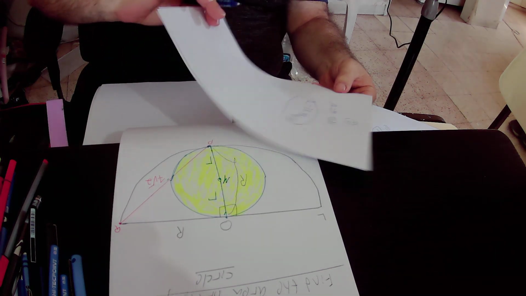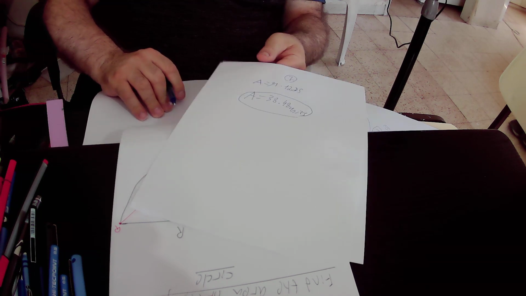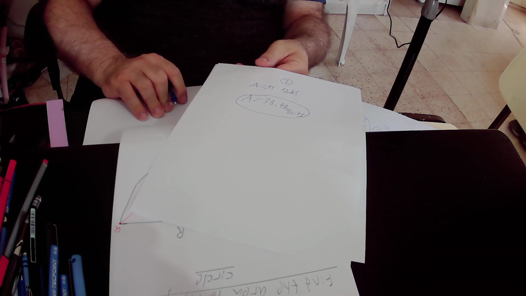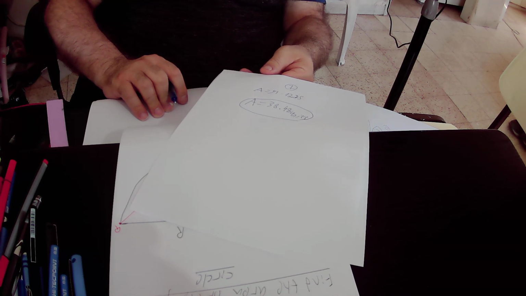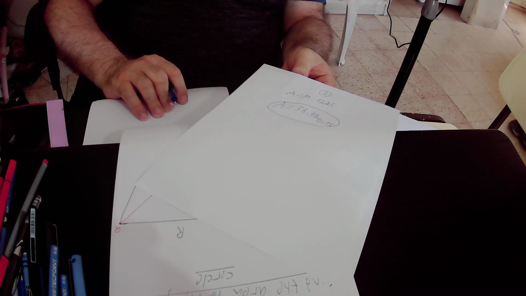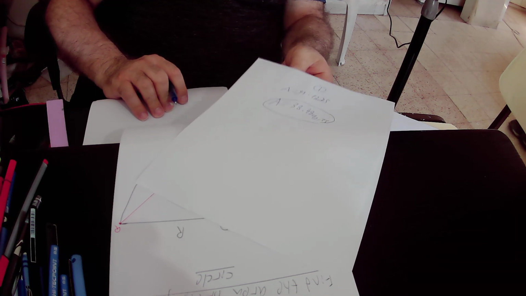Or we can say that the area of the yellow circle equals 38.48 units. Okay, so now I will summarize the lecture.